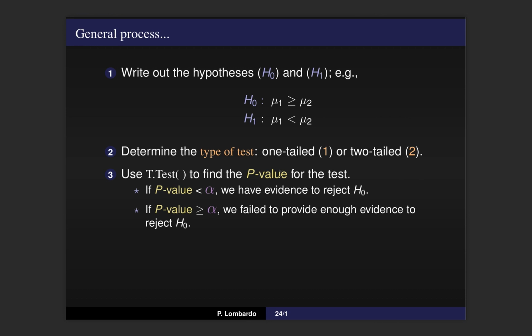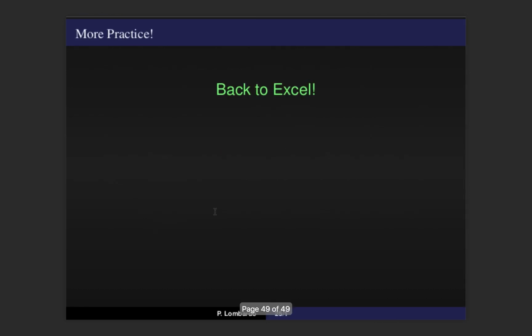Once we have that p-value that comes out of that command, we compare it against our significance level and decide to either reject H0 or we say that the samples didn't provide enough evidence to show that H0 was false. So here's our new general process. It's a little bit quicker because the t.test command does a good amount of work. All right, let's go back and consider a few more examples.